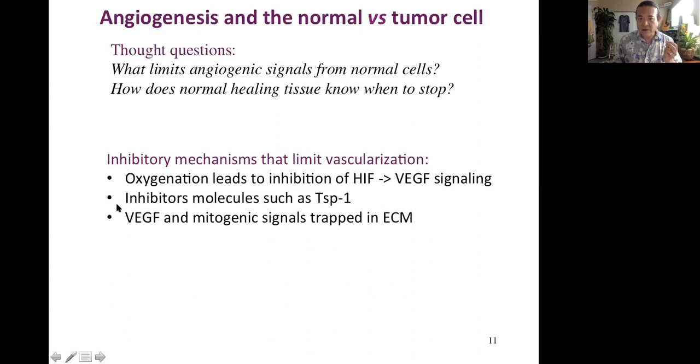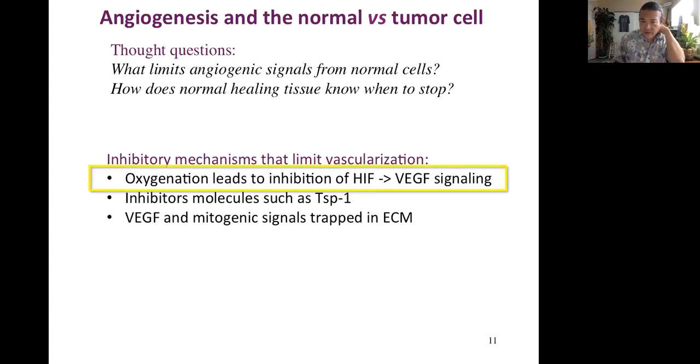There are certain molecules that are released by endothelial cells, such as TSP1, that are inhibitory, that actually inhibit the capillaries from growing anymore. And also just the availability of things like VEGF and mitogenic signals is a way of controlling how many of these stimulatory signals actually are allowed to be received by things like endothelial cells.